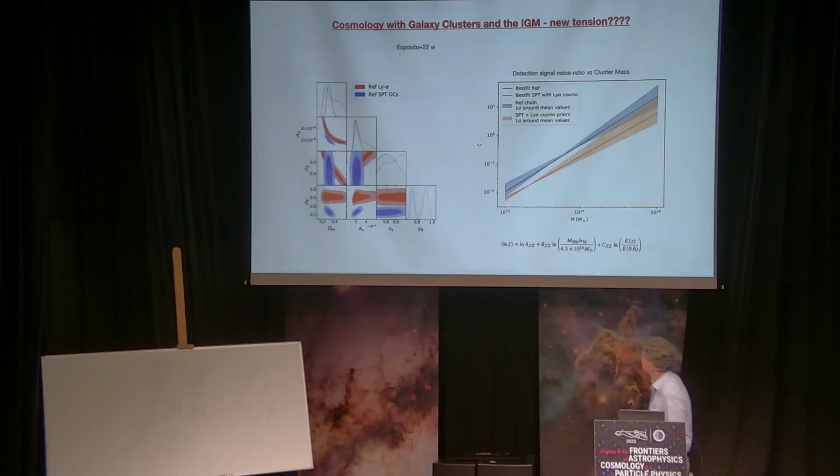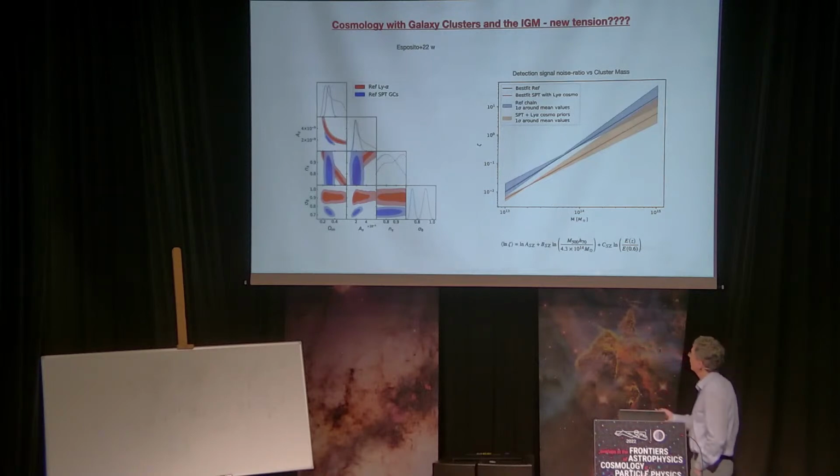But what we did was say, okay, let's suppose for a second that Lyman alpha is correct, and you enter the likelihood of the galaxy clusters with the cosmological parameters of Lyman alpha, and you ask yourself what things have to change in order to bring the two into agreement.